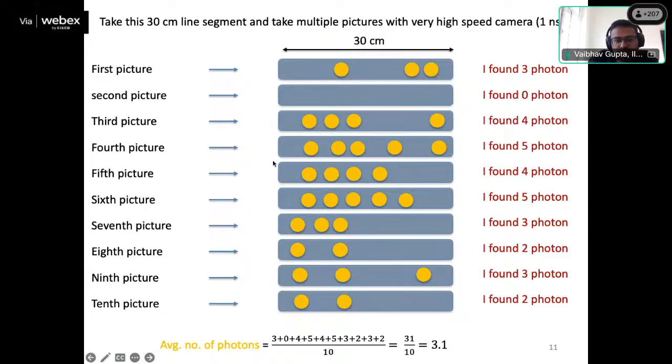For example, you remember this example, right? We knew the average number of photons is 3.1, and we wanted to know the probability of finding 5 photons in a beam segment of 30 centimeters. What is the probability of finding 0 photons in a beam segment of 30 centimeters? What is the probability of finding 2 photons? So you know what we were doing here.